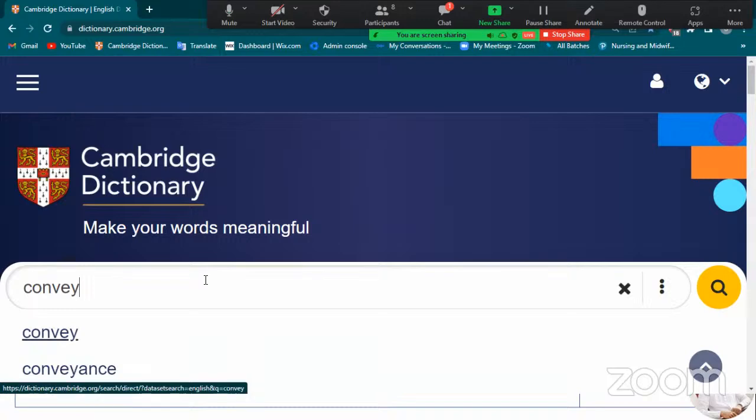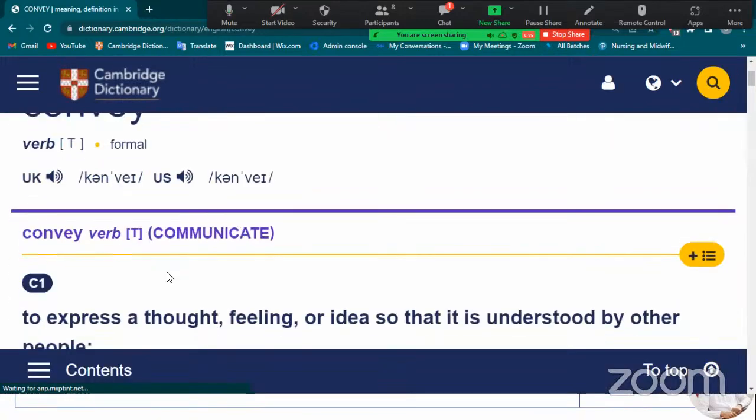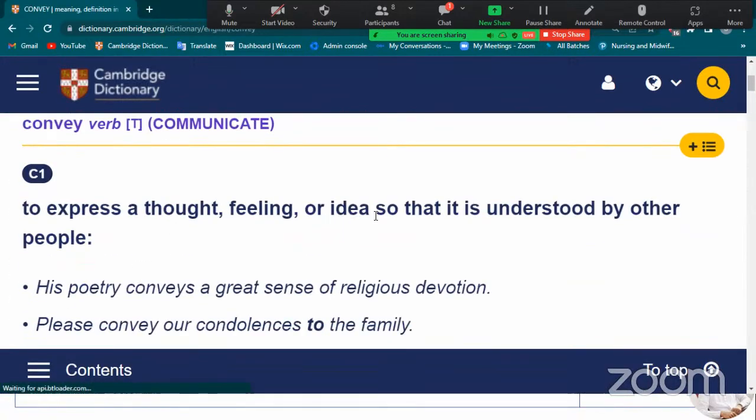Convey means to express a thought, feeling, or idea so that it is understood by other people. So one way. It is a very special word, C1. If you can understand the meaning of this word, you are getting more than 400 to 450. If you are using a C2 word, 450 to 500 marks you will get.